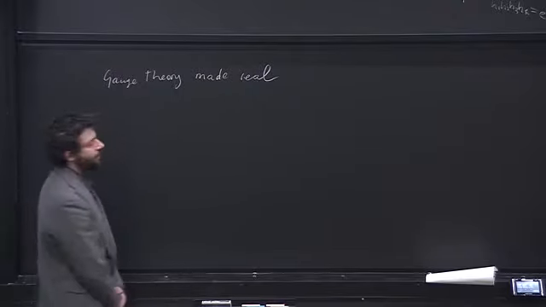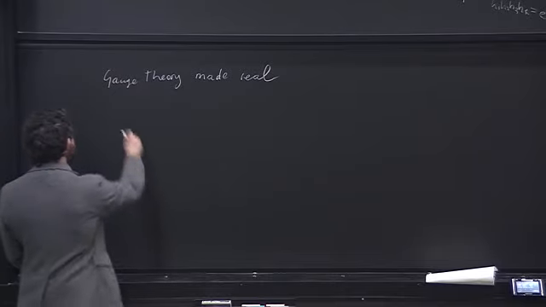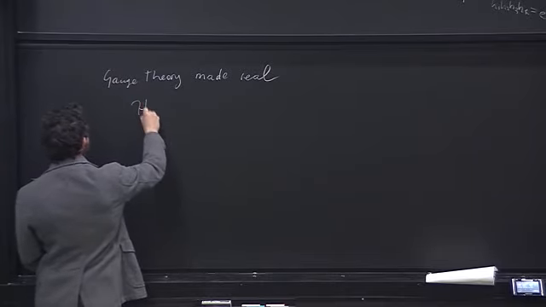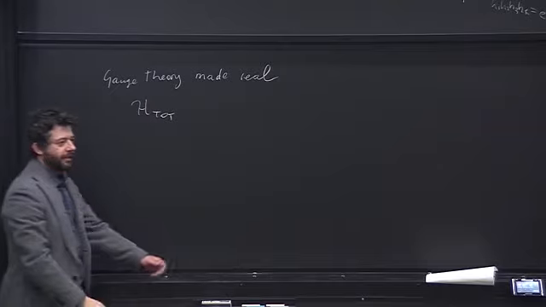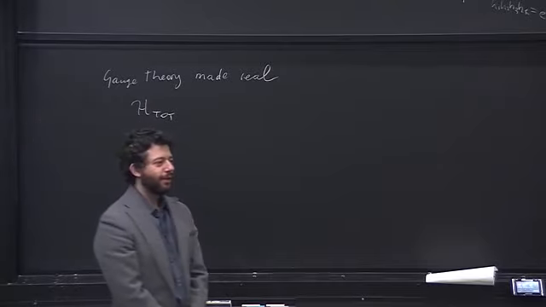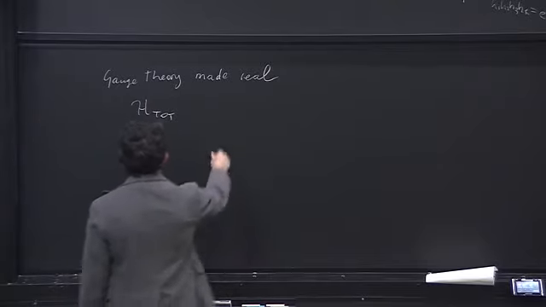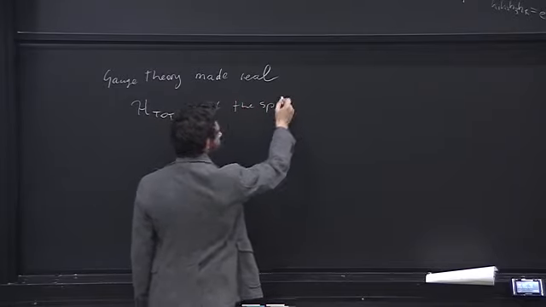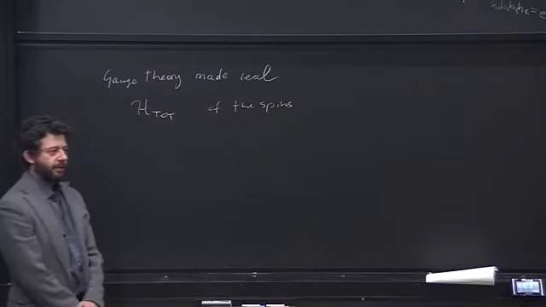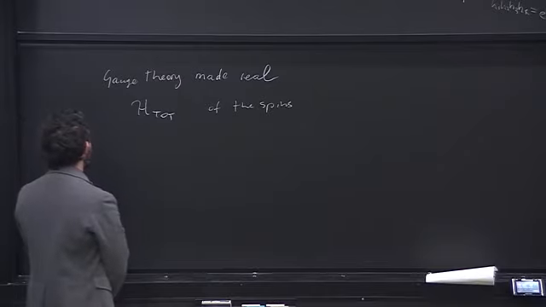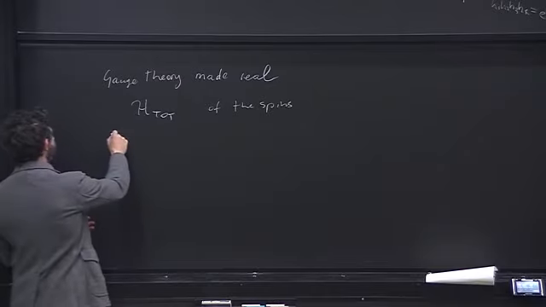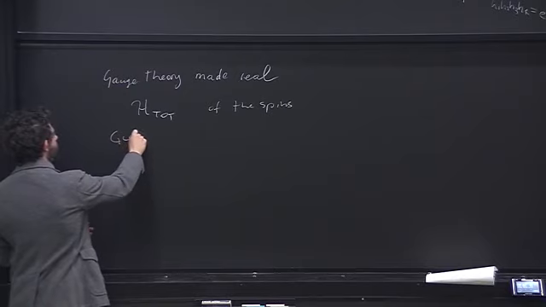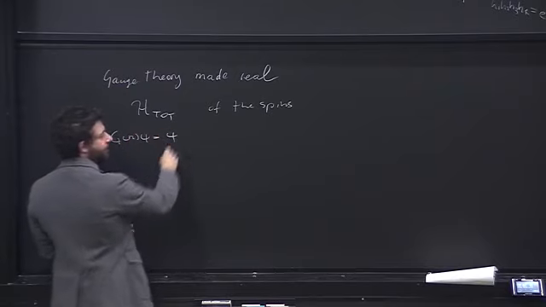Okay, so to be made real, we need to be in H dot, the Hilbert space of the spins. So this means that we are not requiring that we only work in this unnatural subspace in which Gn psi is equal to psi.